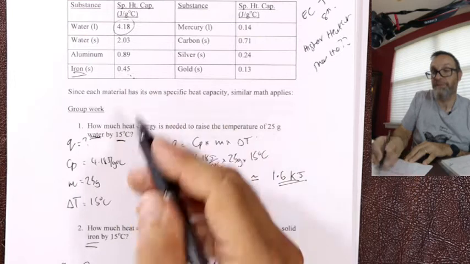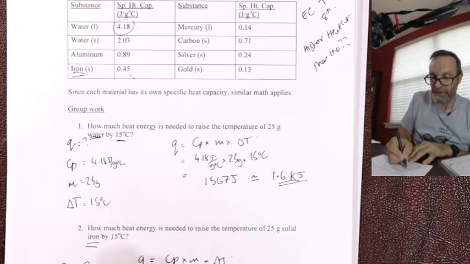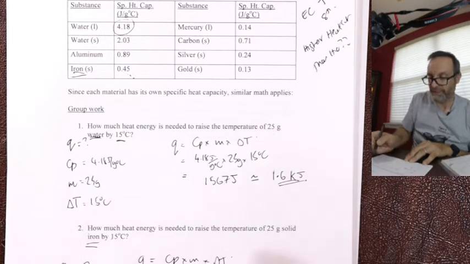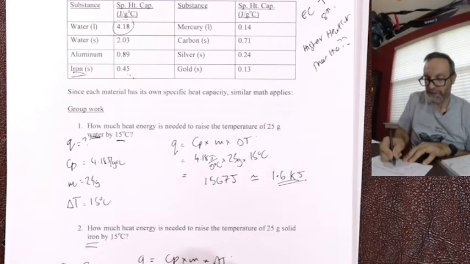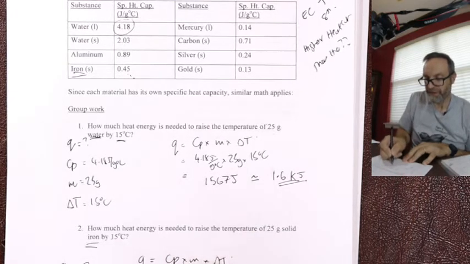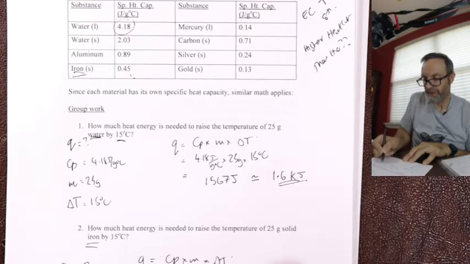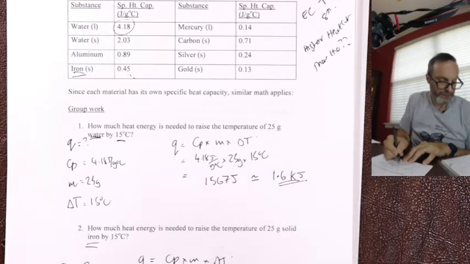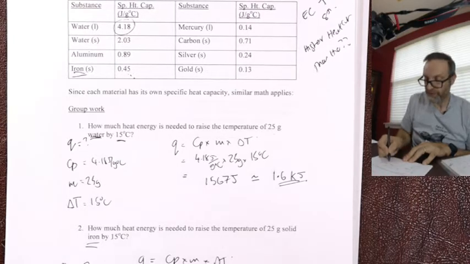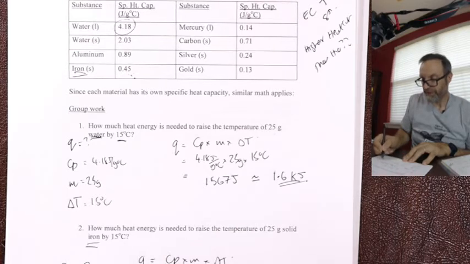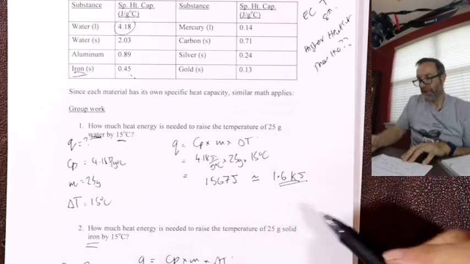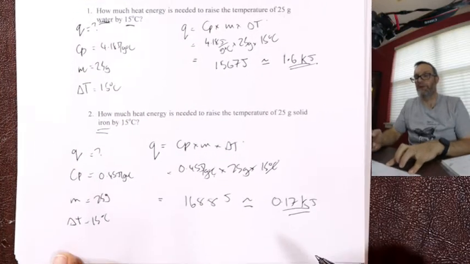Cp is different, right? 0.45 joules per gram degree C, 25 grams, 15 degrees C. 0.45 joules per gram degree C times 25 grams times 15 degrees C, units cancel, equals 168.8 joules, 0.17 kilojoules. Yeah, it's approximately, oh, move it up, sorry, let's just go through it.